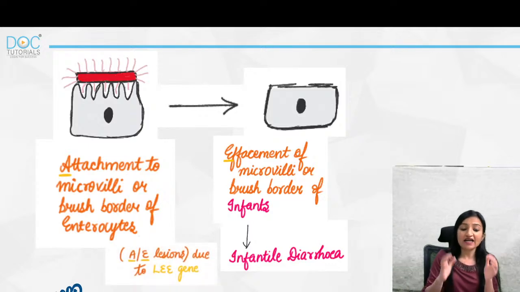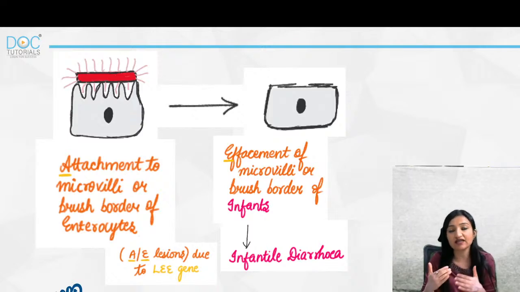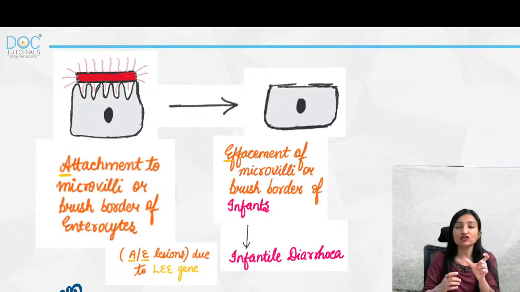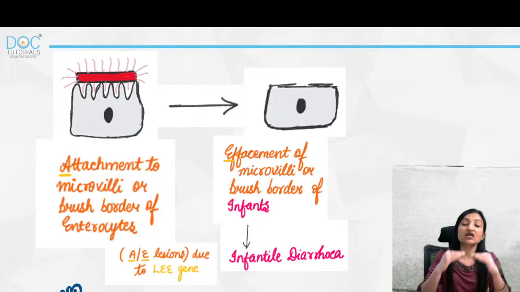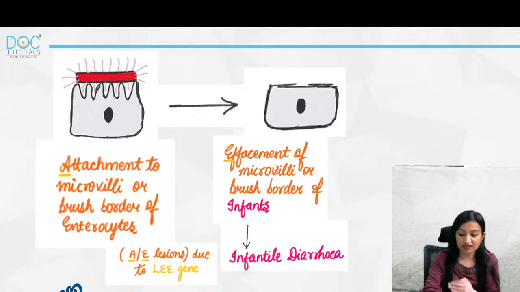And why only these organisms can cause all this? Because of the presence of an important gene possessed by them, that is LEE, the locus of enterocyte effacement. So AE lesions or attachment effacement lesions occur because of the possession of this important gene, the LEE gene.